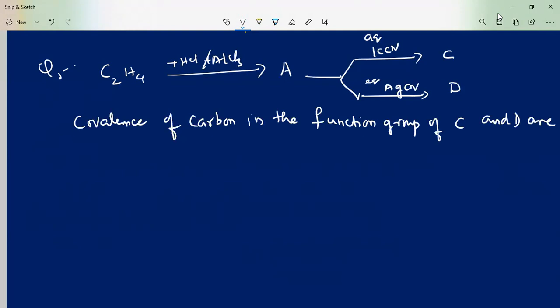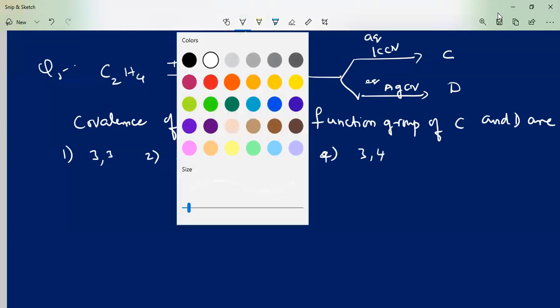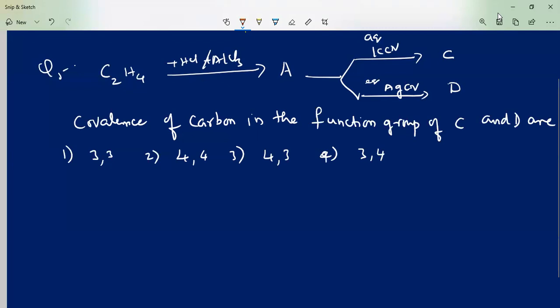The options are 3, 3; 4, 4; 4, 3; and the fourth option is 3, 4. So this is the question in front of us.